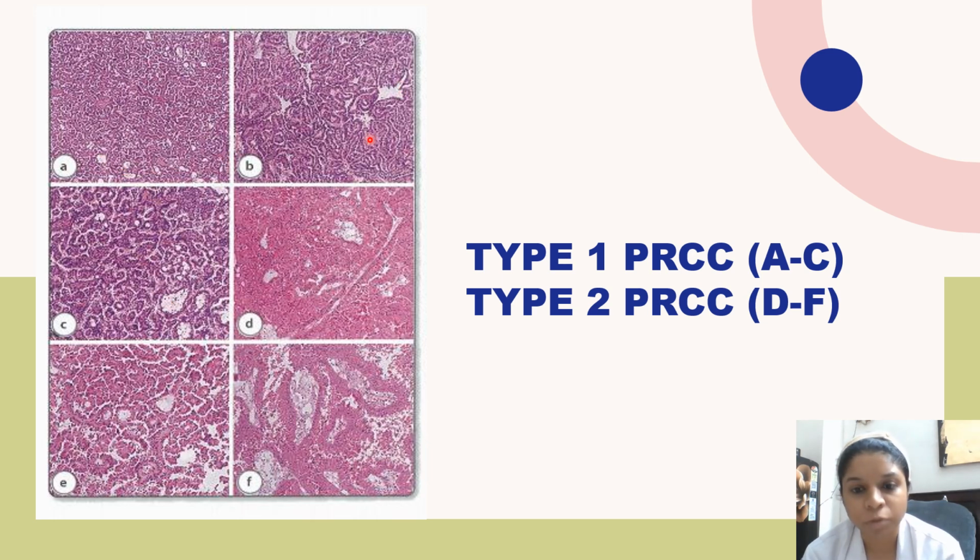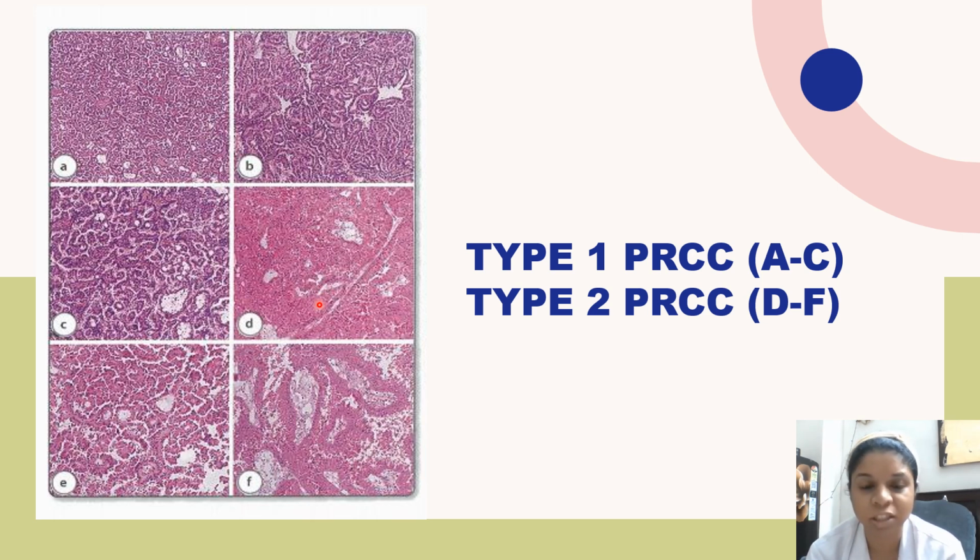And then type 2 is the more aggressive kind of papillary RCC. They have complex architecture, that means there can be solid sheeting and tubular areas along with the papillary appearance, and the papillary cores are covered by larger neoplastic cells which have abundant eosinophilic cytoplasm and enlarged hyperchromatic nuclei.